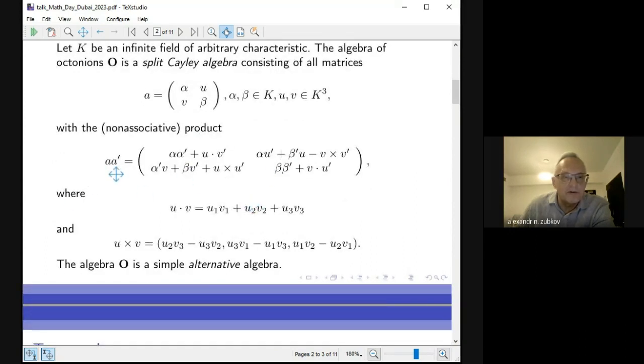If we have 2 octonions, A and A prime, where A has already appeared here and A prime has the same form, all you need is to put primes everywhere. In this product, the dot product and cross product between vectors are involved. So this is the definition of the product in the algebra of octonions.